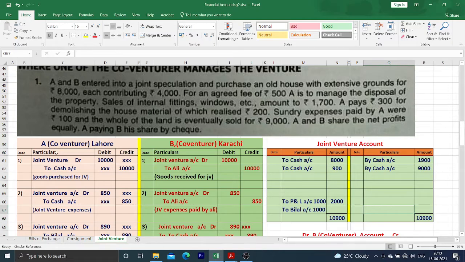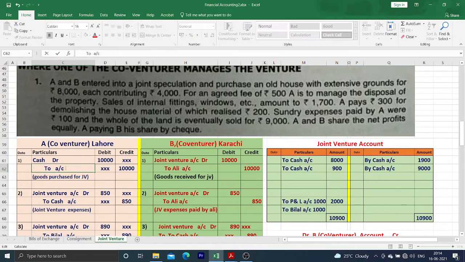So first, what is the cost of the house? 8,000. Each will contribute how much amount? 4,000. Now A is managing the business, so B will pay the money to A. How much amount? 4,000. So A is receiving cash: cash account debit to B account.